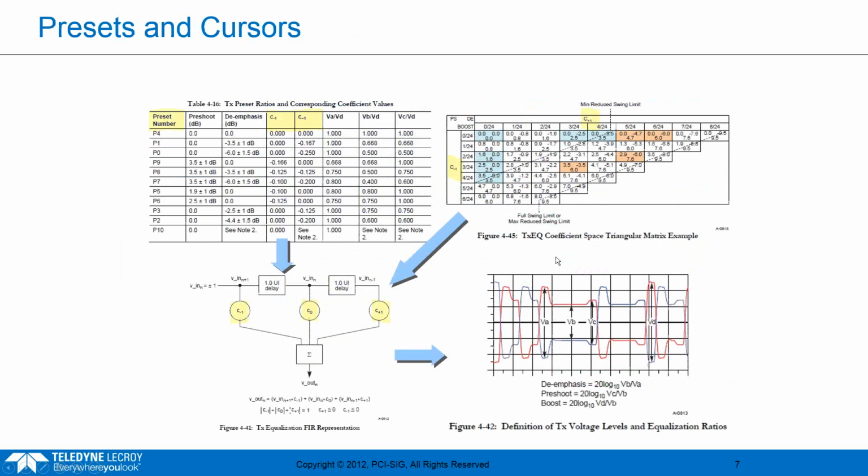So for PCI Express, the transmit equalization is a little bit more complicated. If you look down on the bottom right side of the screen here, where I'm circling with my mouse, you'll see a diagram of a signal, and we can see the de-emphasis on the signal is represented by this VA voltage here.